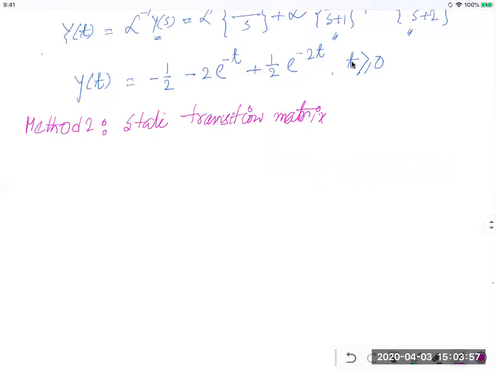State transition matrix. So we will find a state transition matrix to solve the state equation and output. Here we have (sI minus A) inverse, which is 1 by (s square plus 3s plus 2) times the matrix with entries s plus 3, 1, minus 2, and s.